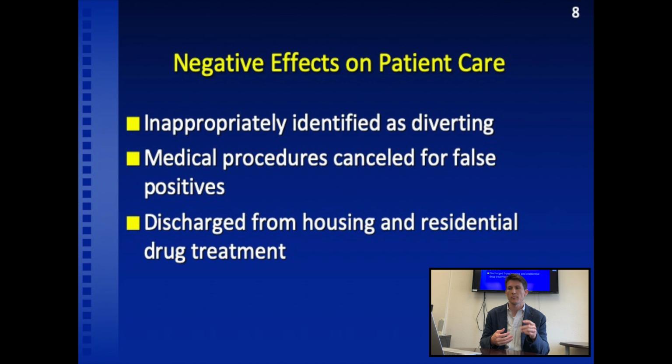The test is just not being interpreted correctly. I've seen people have their surgeries and other medical procedures canceled incorrectly. And one thing we still struggle with is people getting kicked out of housing and residential drug treatment because of misinterpretation of drug tests. So it has real consequences for people.